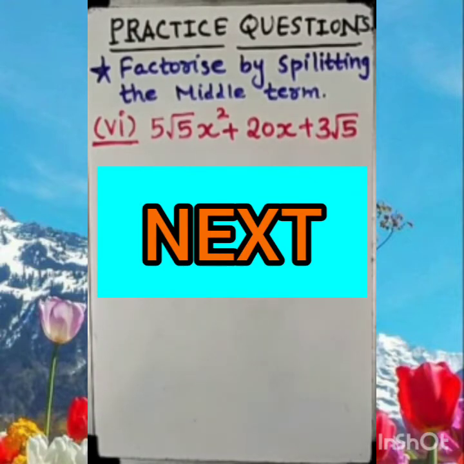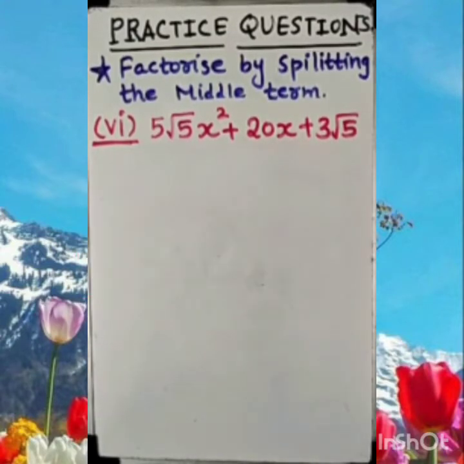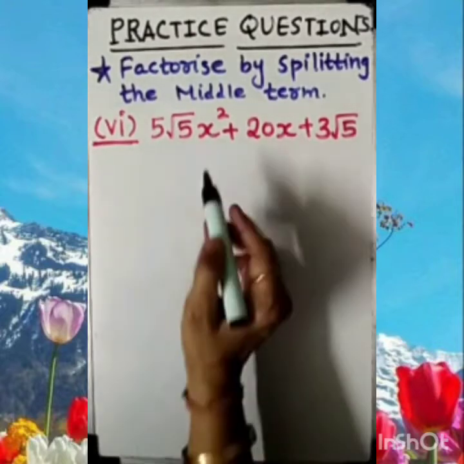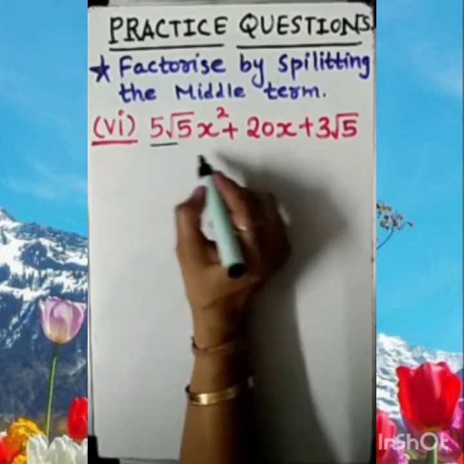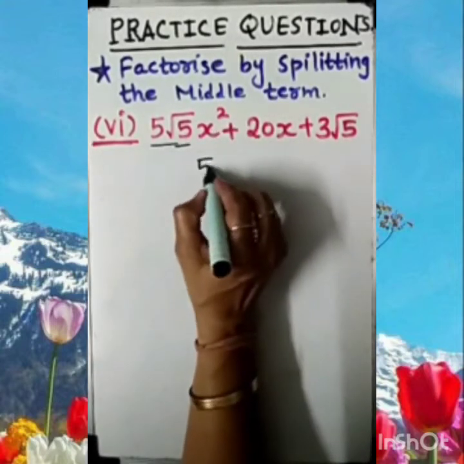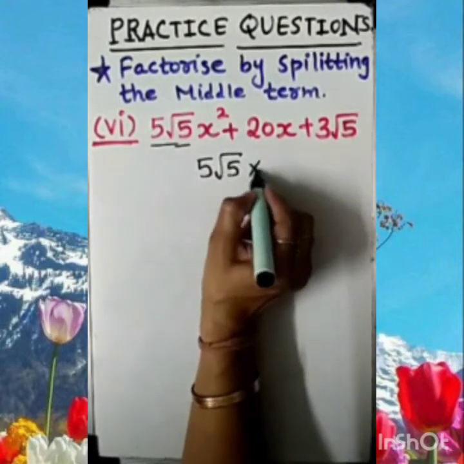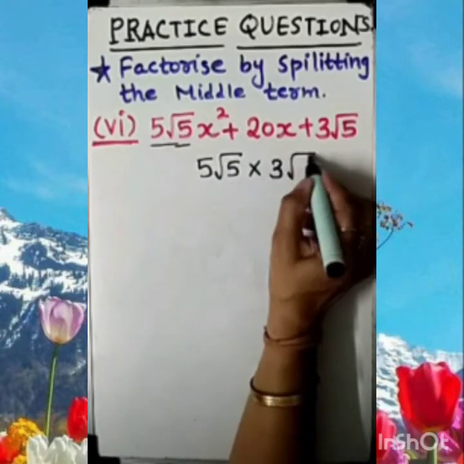So one more question I am taking, that is 5 root 5 x square plus 20x plus 3 root 5. Fine. So dear student, if I want to apply splitting the middle term, I need to have the product of x square coefficient, that is 5 root 5, with the constant term 3 root 5.